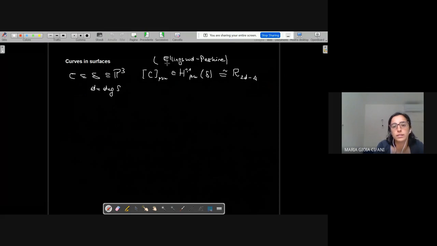And I will say this is the case. Many of these things come from the work of Green and Griffiths, who wrote down all these things to study the Noether-Lefschetz loci. They presented it as the algebraic version of the Noether-Lefschetz loci problem. I don't know how to say it.